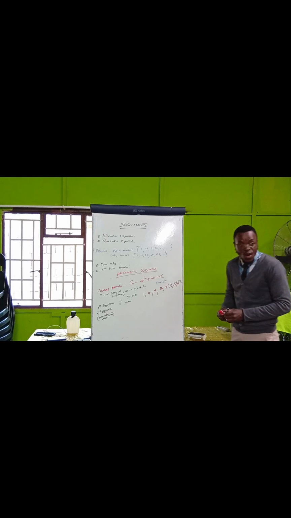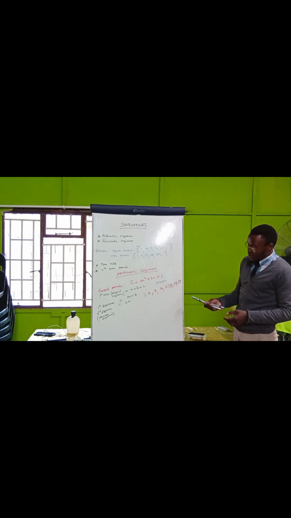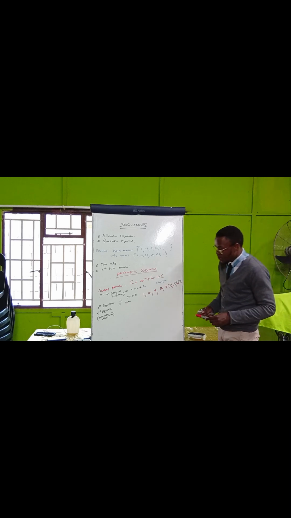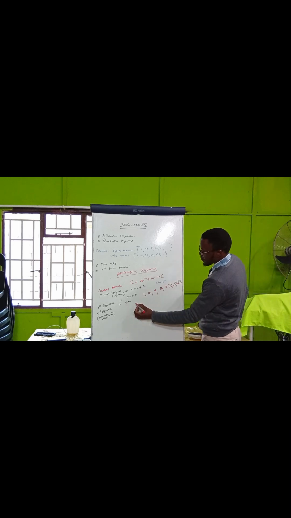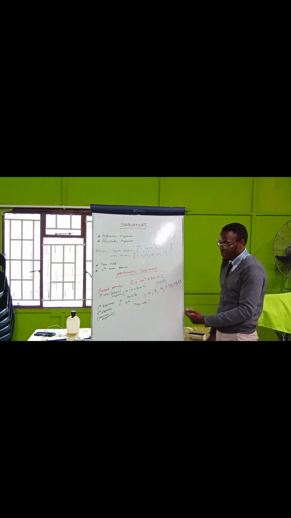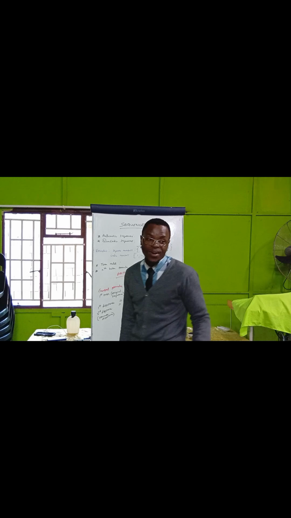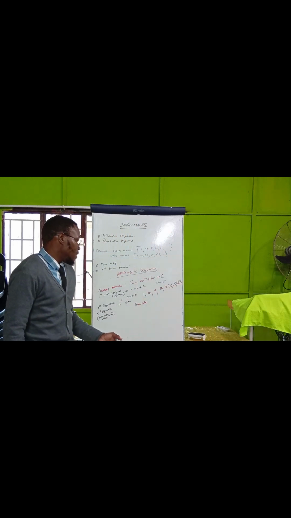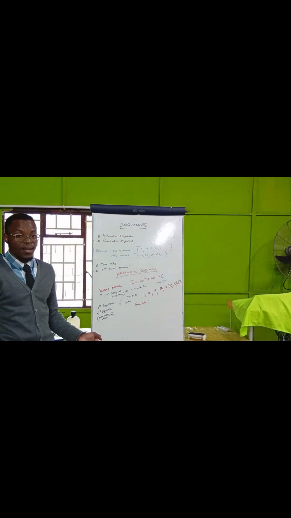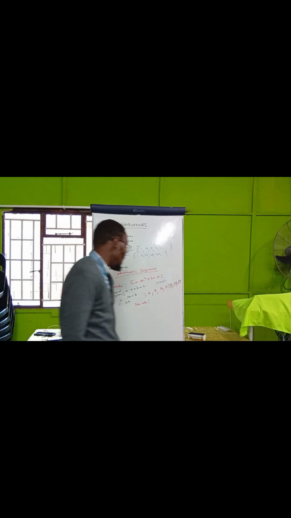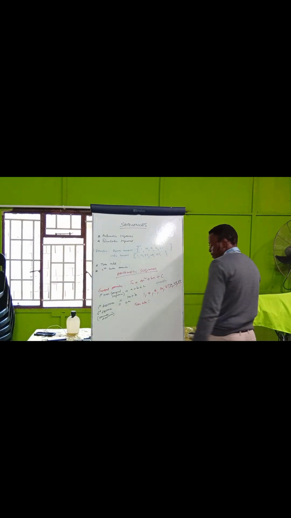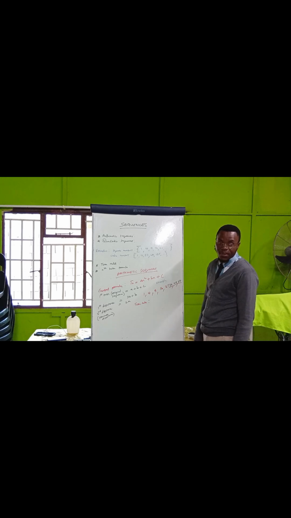Now, of course, if you were asked to state the term rule, because this is what you're going to be asked, the term rule would be: square the natural number.